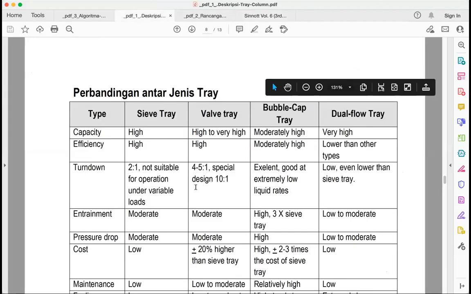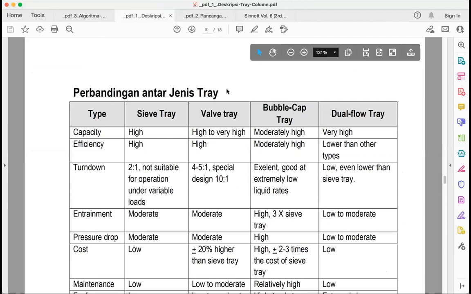Okay, so let's have a look at the comparisons between the trays. For capacity, the sieve tray can hold a high capacity, the valve tray is high to very high, the bubble cap is moderately high, and the dual flow can accommodate a very high capacity.